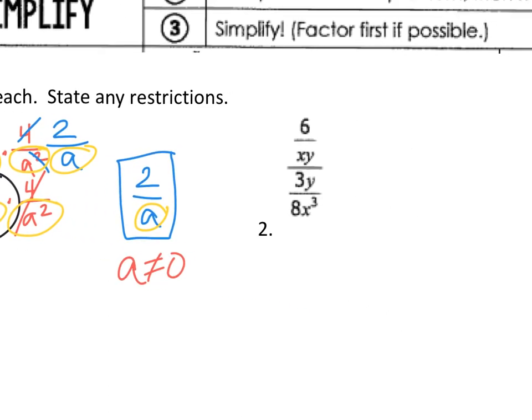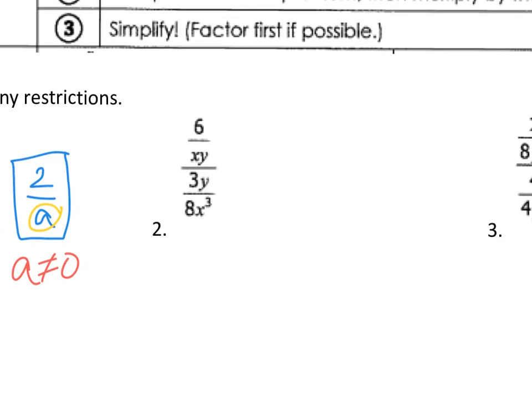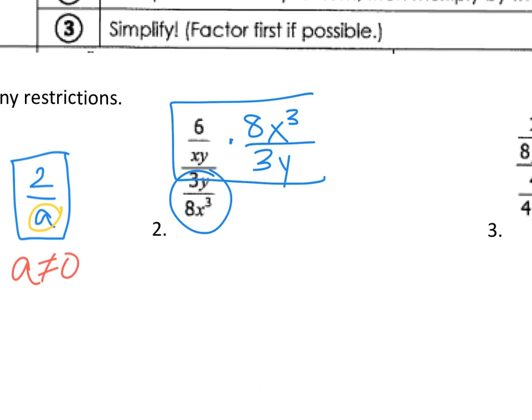Okay, for the second one, I'm going to take the denominator and multiply by the reciprocal. So it's going to be 8x cubed over 3y. So this is my new problem. Again, I'm going to cancel out the common factors.